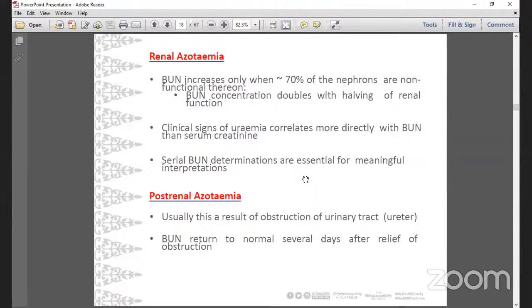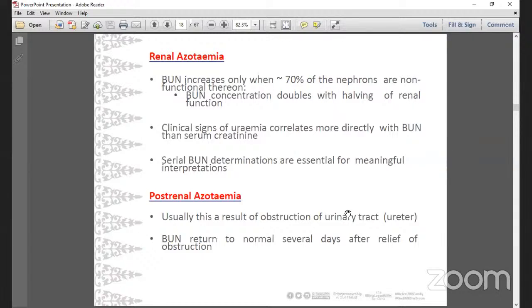So what is the difference between azotemia and uremia? Azotemia is an increase of the BUN and creatinine, whereas uremia refers to azotemia with clinical signs of the polysystemic sequelae of renal failure, like depression, vomiting, gastric ulcer, uremic encephalopathy, acidosis, and hypotension. For renal azotemia, we need to do serial BUN determinations.